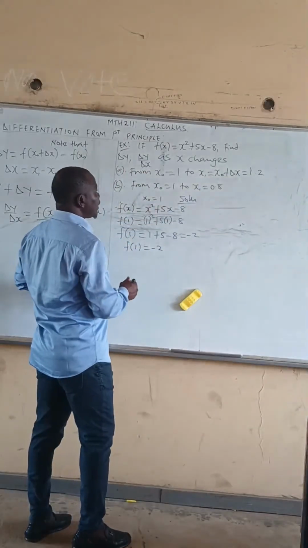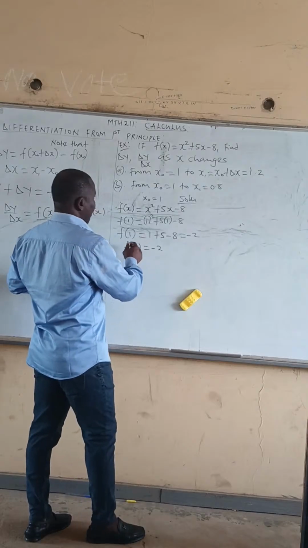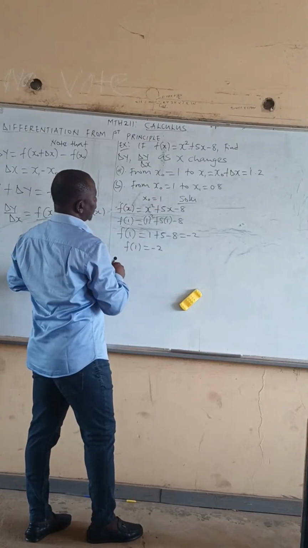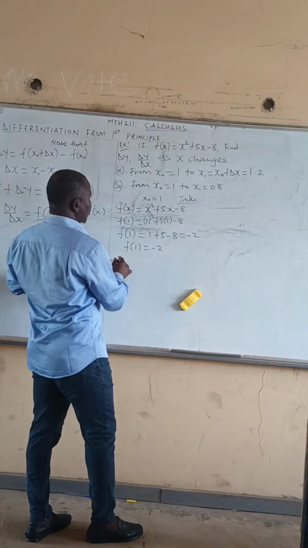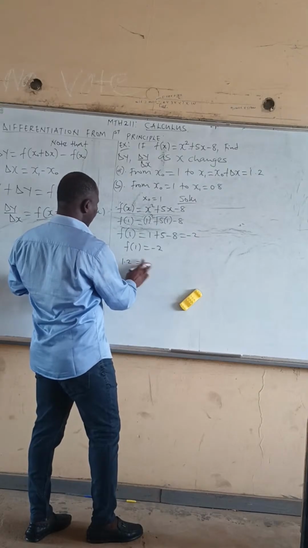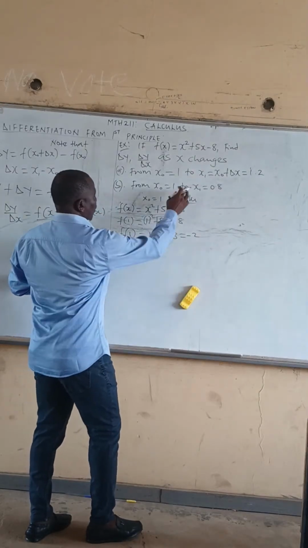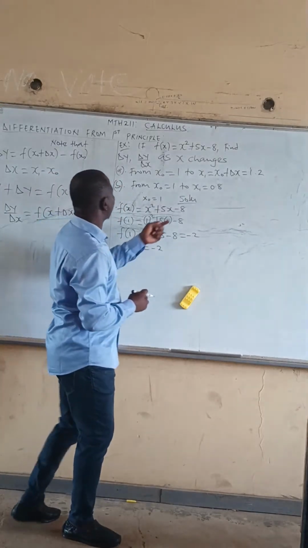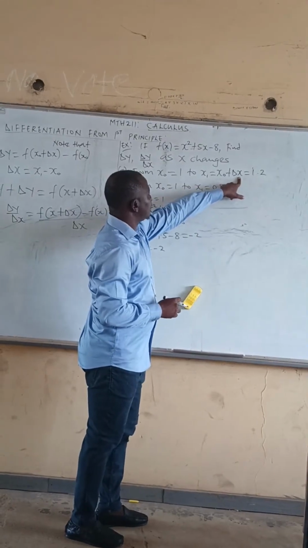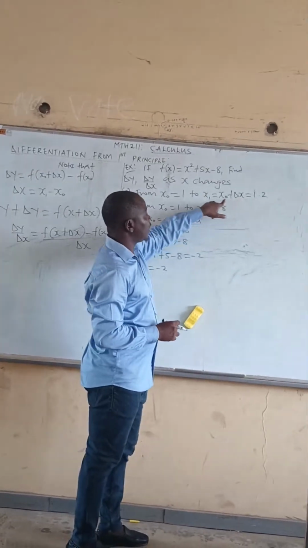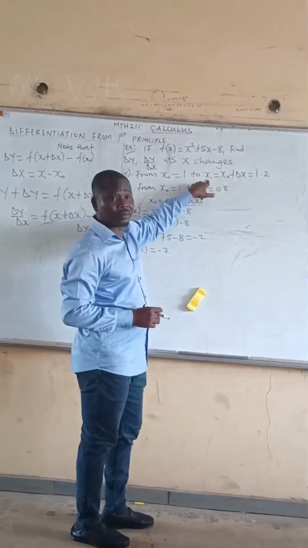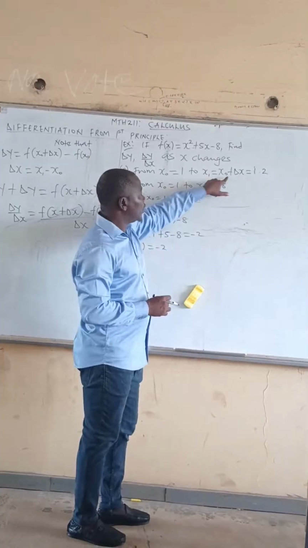Since our x0 is equal to 1, not x1 we want to find, we want to find the dx. Then after finding the dx, when we have these two things, we are going to obtain our x1. Let's look at it together.